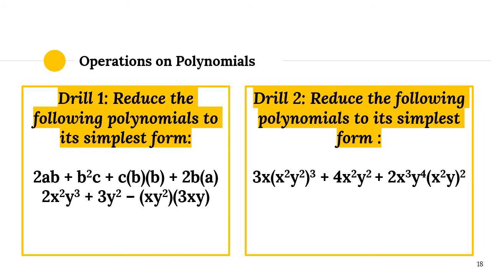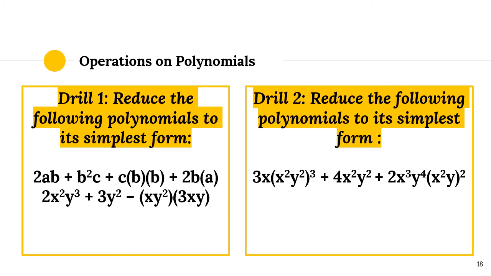I'm going to use a piece of paper here. You can only follow this video if you're computing it as well. So it becomes 3x to the 7th, y to the 6th, plus 4x squared y squared, plus 2x to the 7th, y to the 6th.